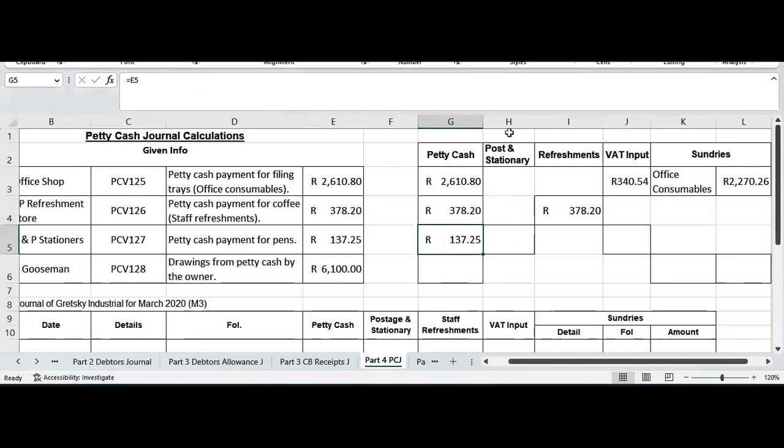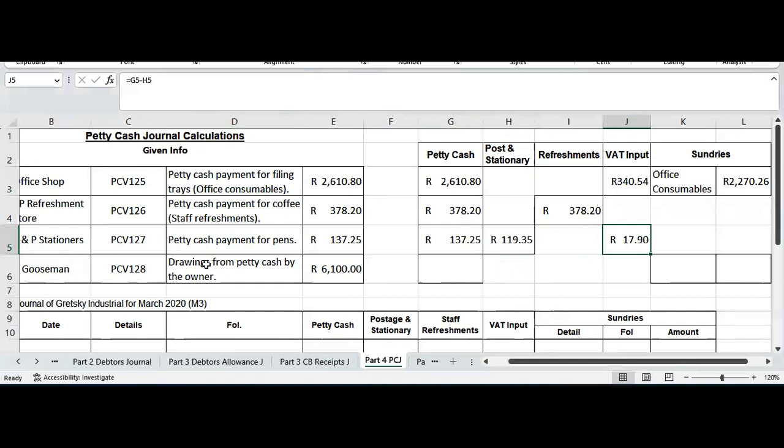Of course, stationery has standard VAT on it. So under postage and stationery, we are simply going to put in there what we get when we divide by 1.15, and then, like always, the difference between the two amounts will be our VAT input.